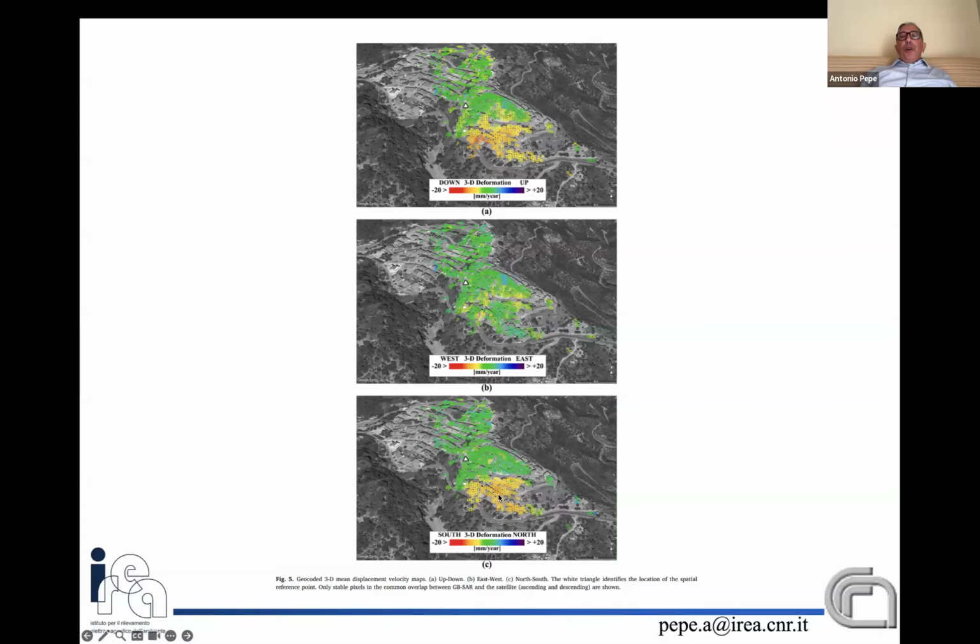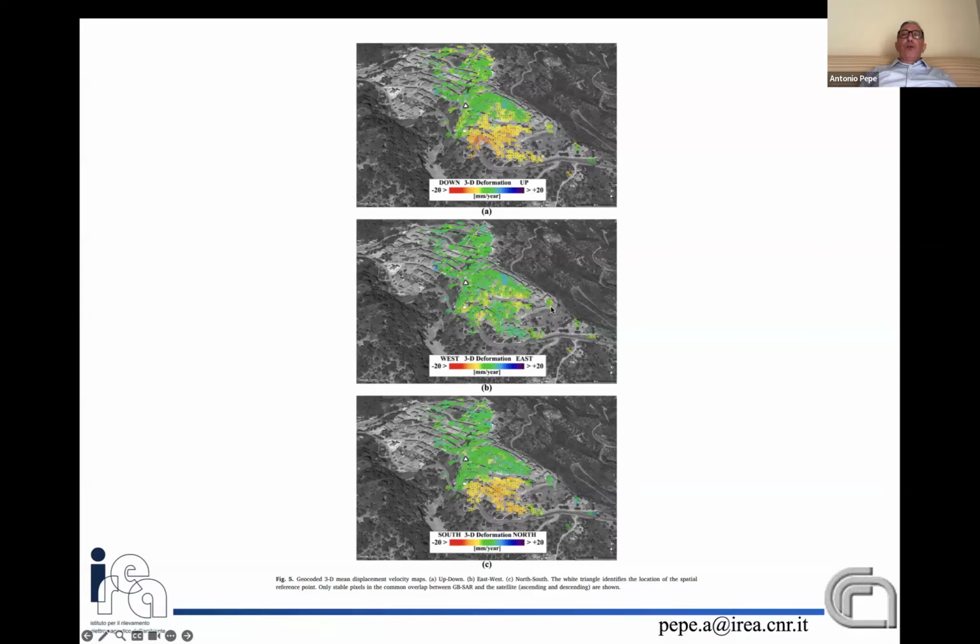As I said before, we mounted the ground-based instrument in such a way as to have more precision on the north-south component. And so most of the information related to north-south was recovered by the ground-based instrument, and the up-down and east-west deformations were mostly, but not only, recovered by satellite data.